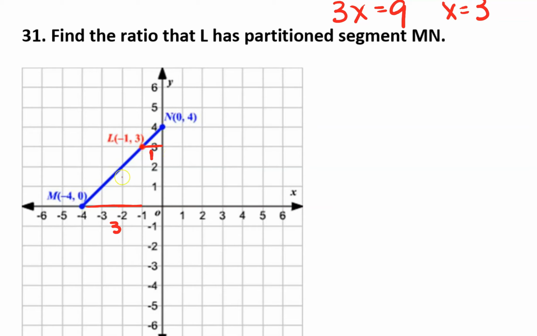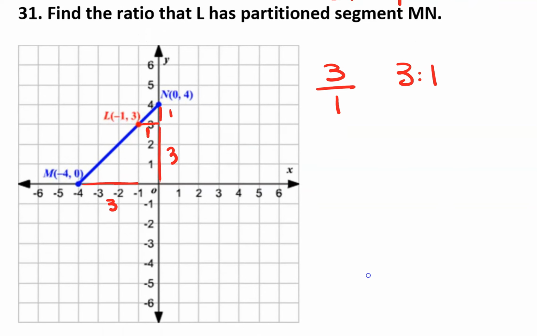So we can say that L has partitioned MN in a 3 to 1 ratio, because it's 3 parts to 1 part. If we look at the y's, let's just check those out. Well, it did 3 units again and 1 unit again, which is what you would expect. So that's why I say sometimes these are easier to do on a graph. The problem before, you may want to do that on a graph too.